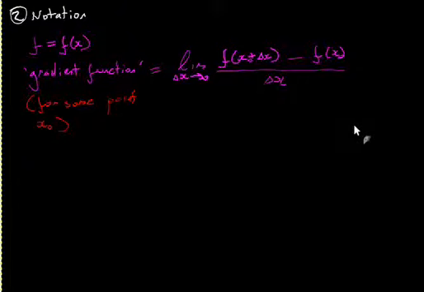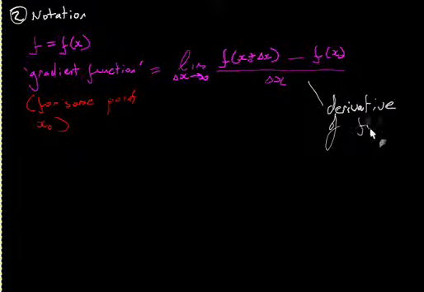Now, we said before that this is called the derivative of f of x, and well, we said here, but I'll say it a third time, this is actually the gradient of this function f of x.